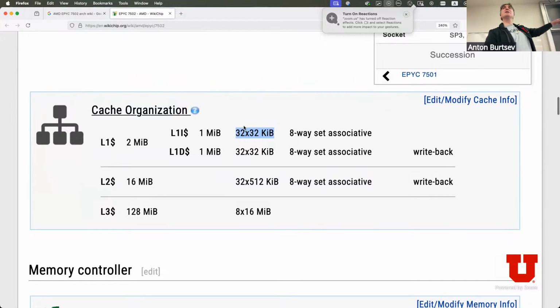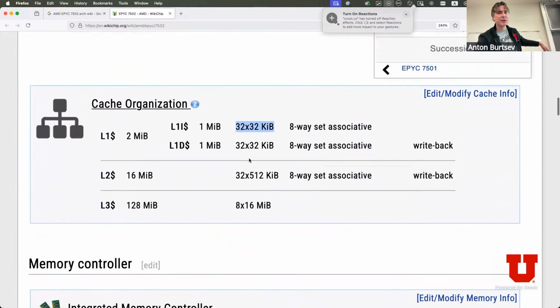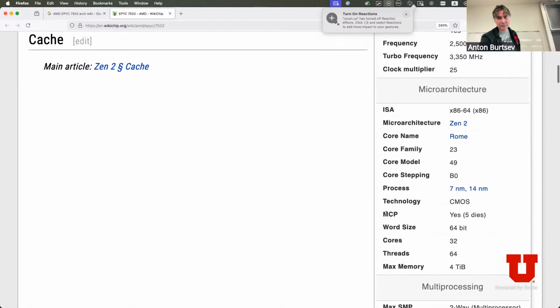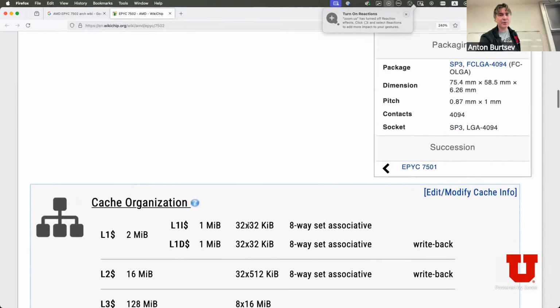What I'm claiming from this wiki, and you have to read more carefully what those numbers mean, is that it has 32 cores. Number of cores 32. Each core has a 32 KB instruction cache and a data cache.